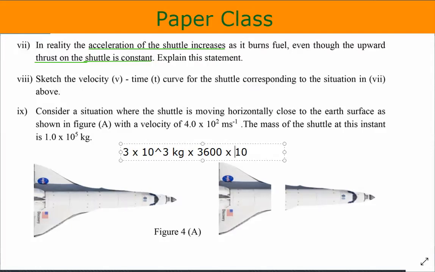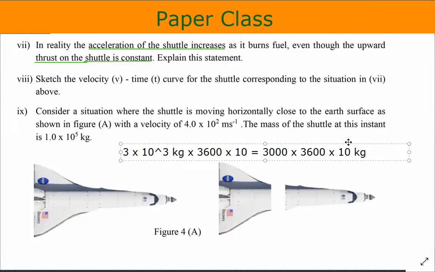The rocket has to carry this entire mass. So what will be this total mass, dear? 3000 into 3600 multiplied by 10 hours. Can you understand? So it means the rocket has a huge fuel tank.